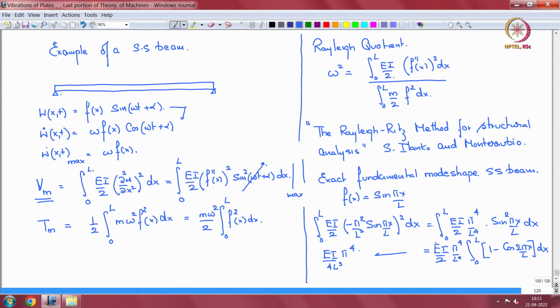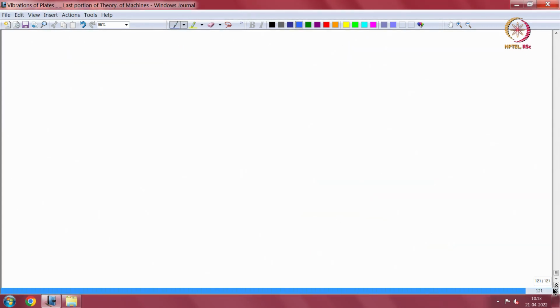Then the denominator part. The denominator is the integral 0 to L of m by 2 sin square pi x by L dx, which is equal to m L by 4.